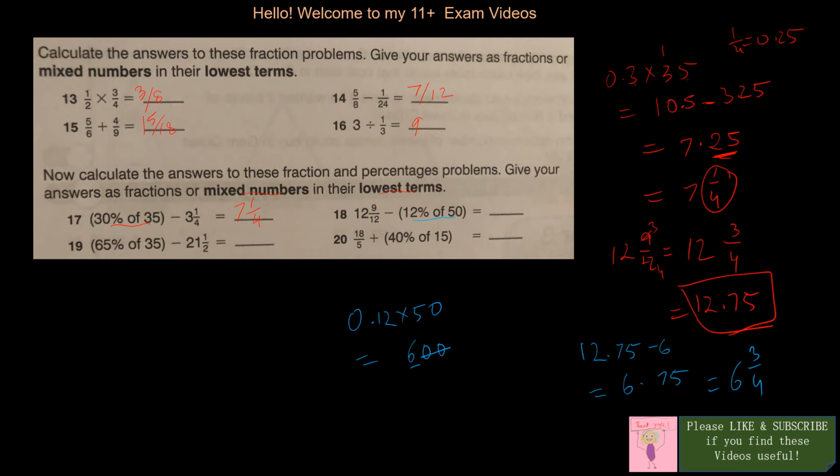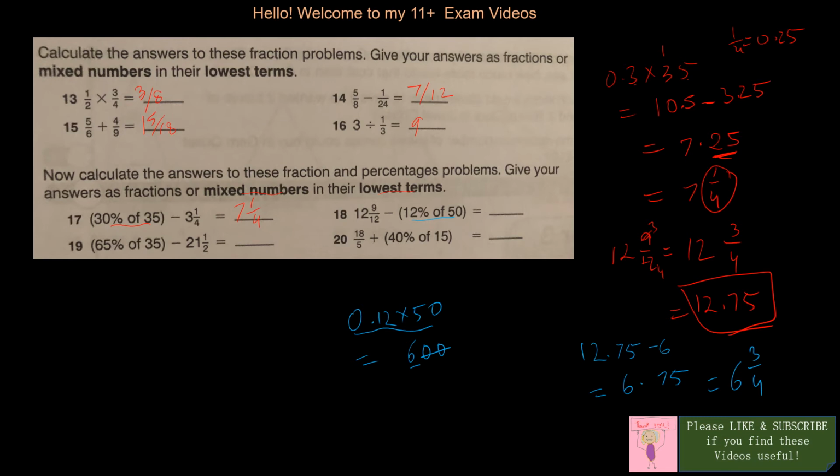19. What did I go wrong? What did I go wrong? Okay, so I'm doing 12.5. How silly of me. So yeah, 12.75 of 50 is 60.